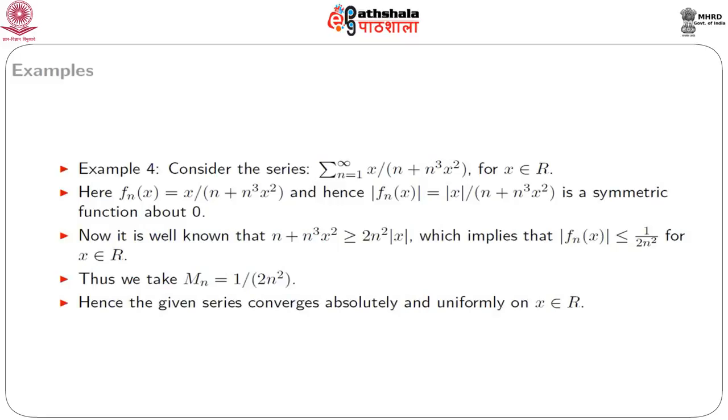Now, it is well known from the arithmetic mean greater than or equal to geometric mean inequality that n plus n cube x square is greater than or equal to twice n square absolute value of x, which implies the absolute value of f n x is less than or equal to 1 by 2 n square. Hence, using the Weierstrass M test taking M n as 1 by 2 n square, we observe that the series converges absolutely and uniformly on x belonging to the real line.